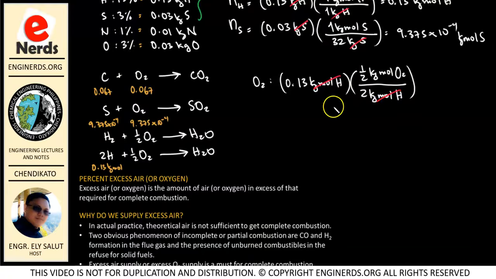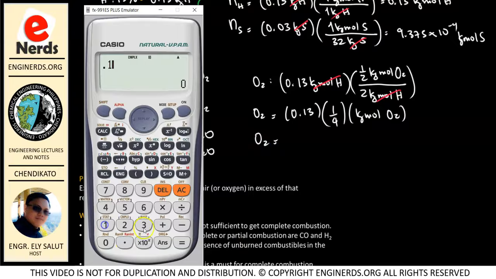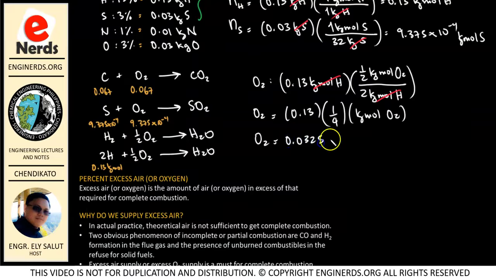So our O2 will be equal to 0.13 times 1/2 divided by 2, which is 1/4 kilogram mole of O2. That means we have to divide our 0.13 by 4. So our O2 will be equal to 0.13 divided by 4, which is 0.0325 kilogram mole of O2.